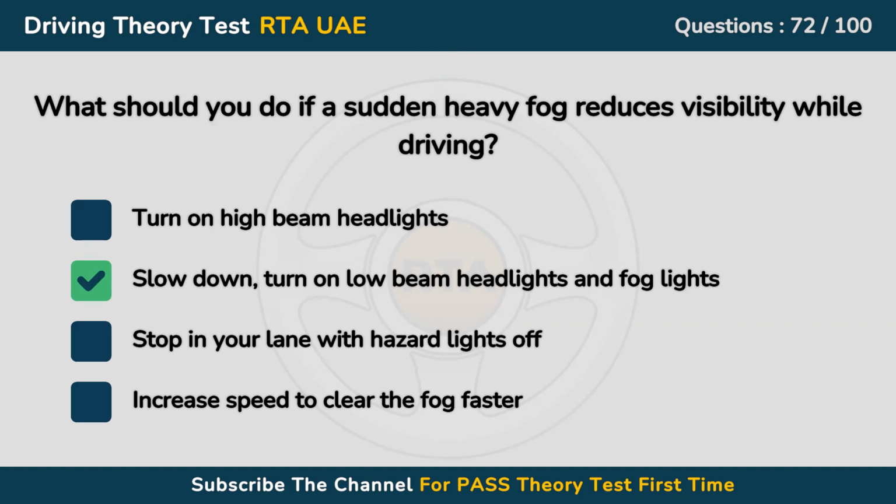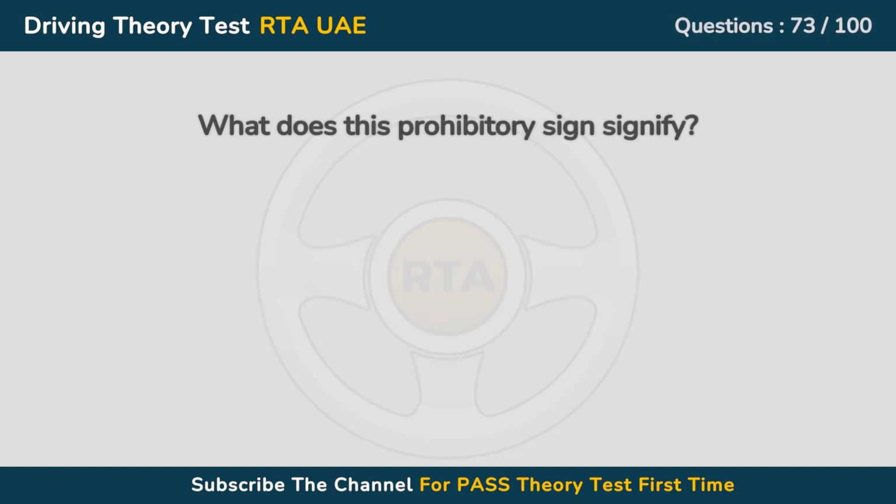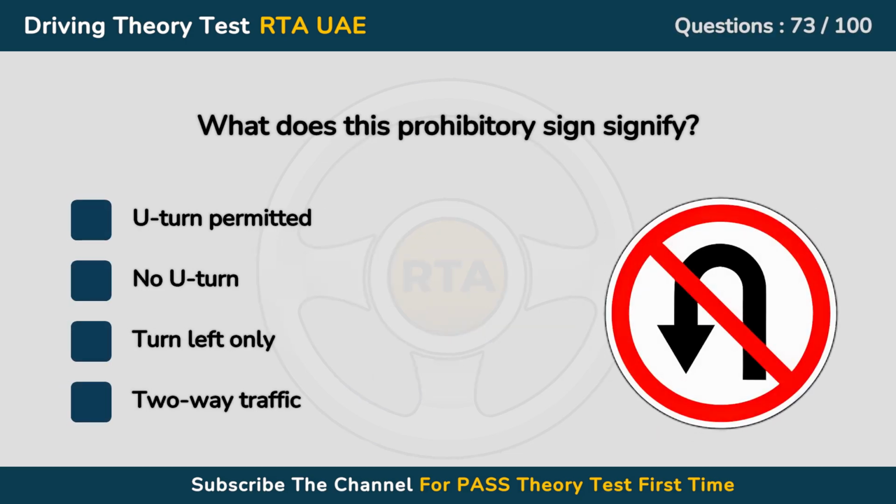Answers is B. Slow down, turn on low beam headlights and fog lights. In heavy fog, reduce your speed significantly. Use low beam headlights. High beams reflect off fog and worsen visibility, and turn on fog lights if your vehicle has them.